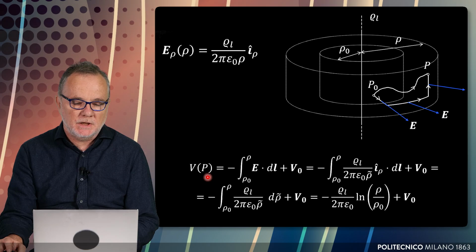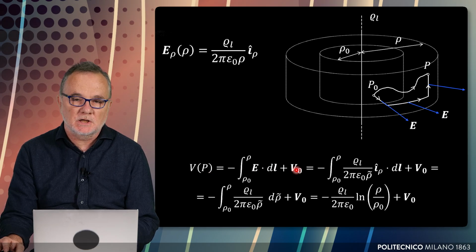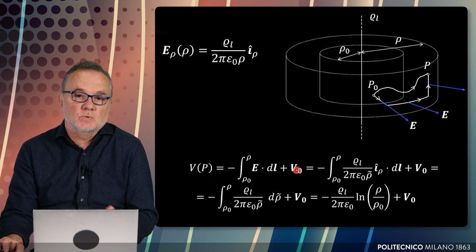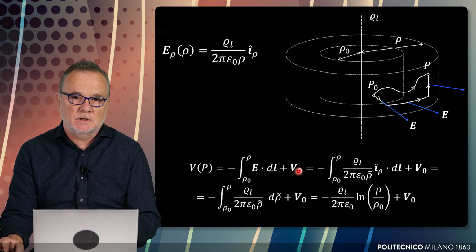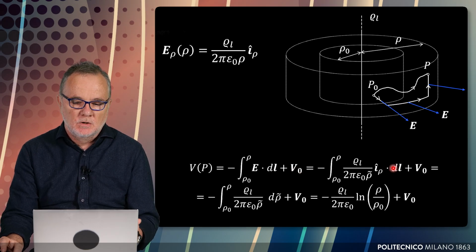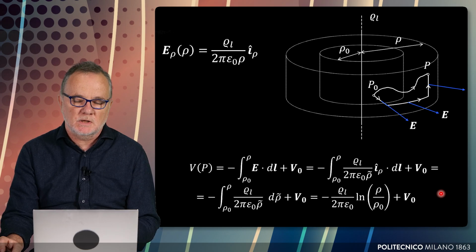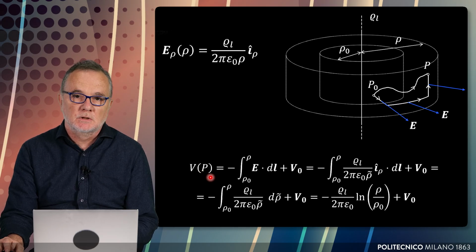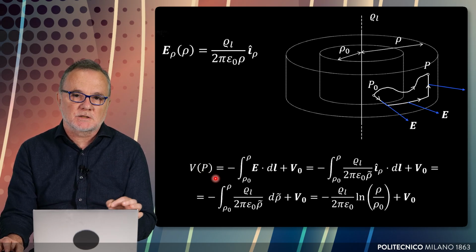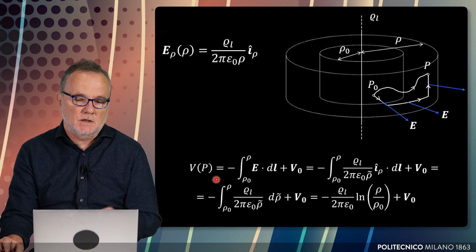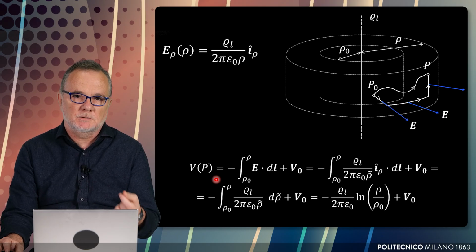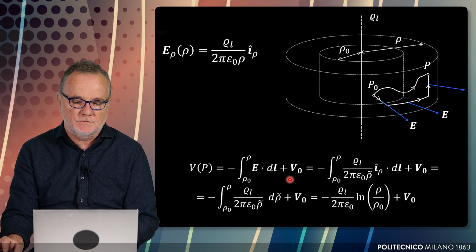Once we integrate and obtain the general expression for the potential that uses an arbitrary reference point and an arbitrary value for the potential, we can observe that we cannot set the reference point at infinity. We must set it to a finite value, so that we end with an expression for the potential that is unique only when we fix a reference point and a well-defined value for the potential at the reference point, at finite distance from the charge itself.